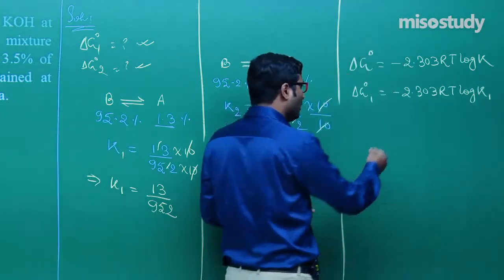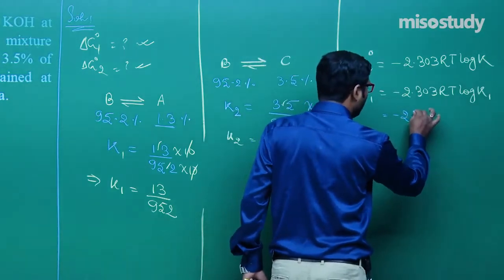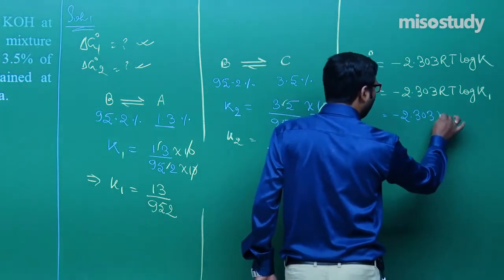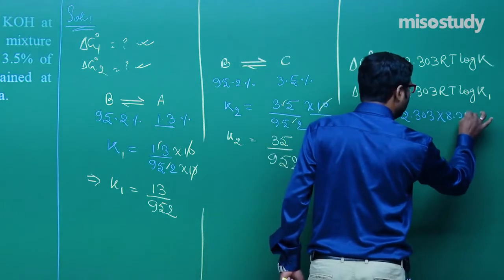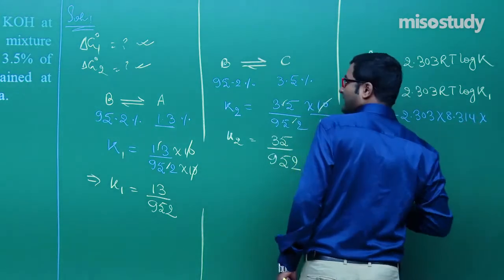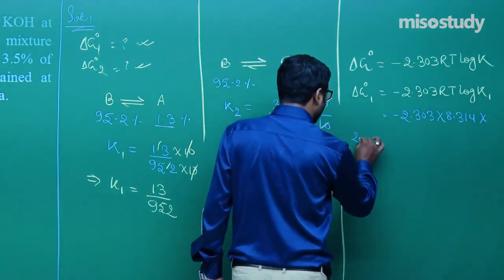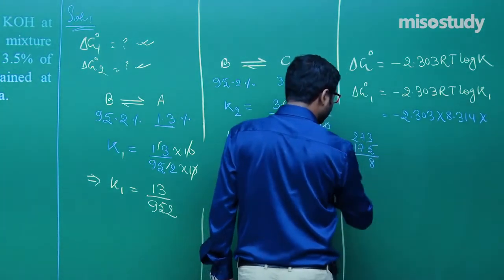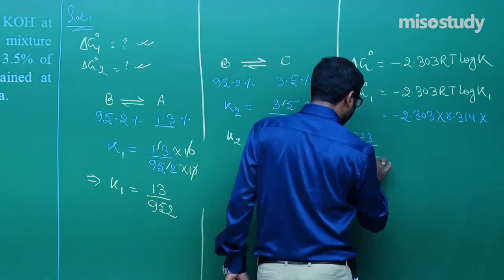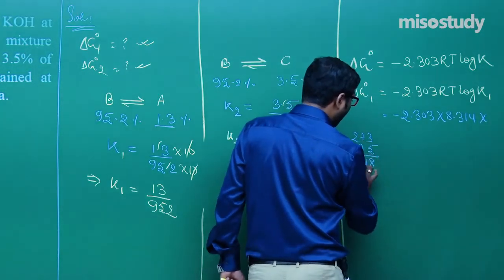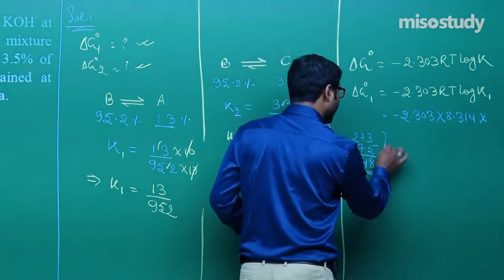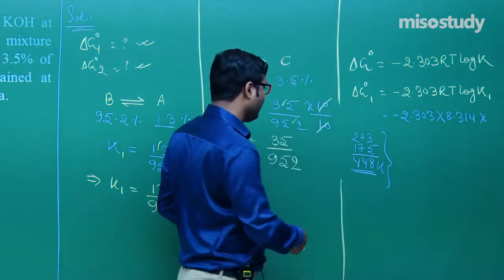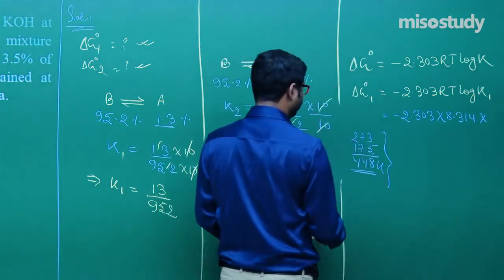Am I right? Now put this value: minus 2.303, the value of R is equal to 8.314, and temperature is 175, so 273 plus 175, that is 448 Kelvin. Clear? This is the value of temperature if 175 is given.